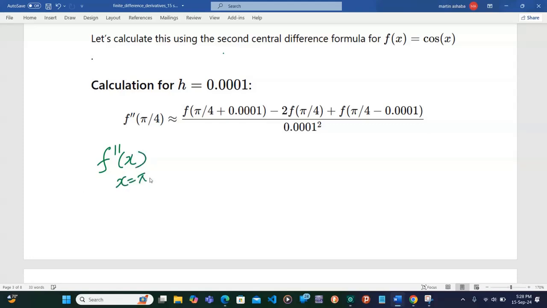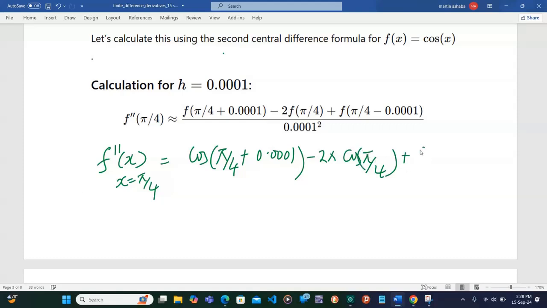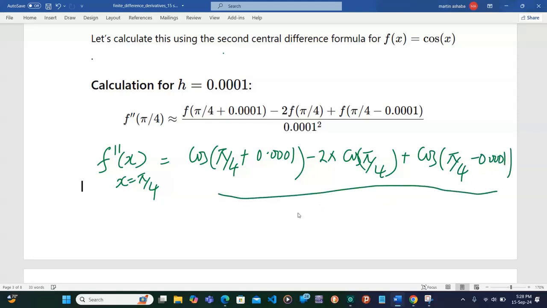We are going to substitute in: cos of pi over 4 plus 0.0001, minus 2 times cos of pi over 4, plus cos of pi over 4 minus 0.0001, divided by 0.0001 squared.